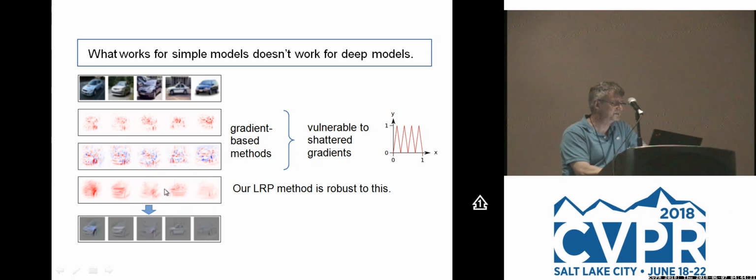This is what LRP extracts from this, and if you take this as a filter of the image from LRP, this is what the method looks at. So LRP doesn't have this gradient shattering issue.